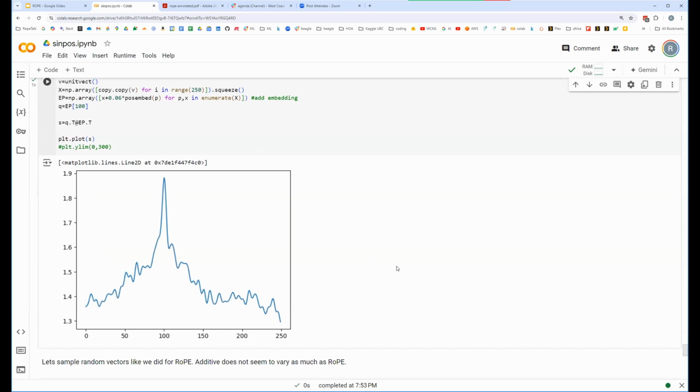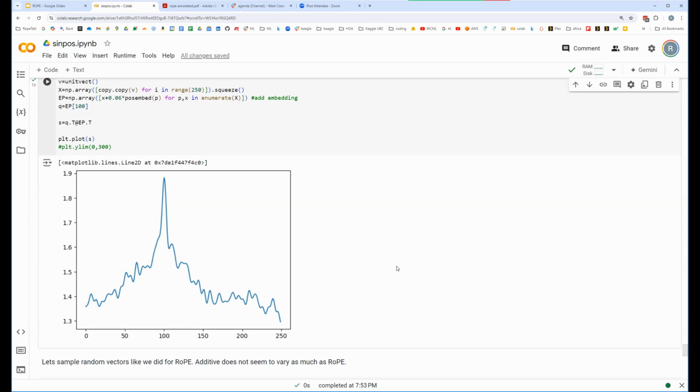It can select the lower coordinates or the higher coordinates. Because RoPE is applied later, it's always all 512 of them. But in the case of absolute embeddings, you get to pick which dimensions you bring into your Q and K space.